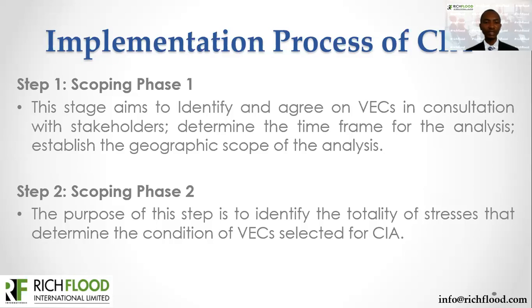You may not have an idea of the extent to which this project may have an impact on the environment, but when all these stakeholders are involved, it will give you an idea, and their input will give you a basis to having standard scoping information, which will now prompt you to identify the various impacts or risks of this project and how to analyze this impact and mitigate them.